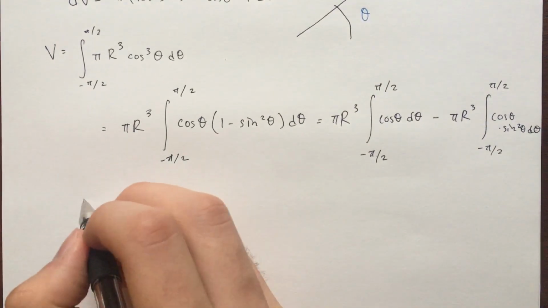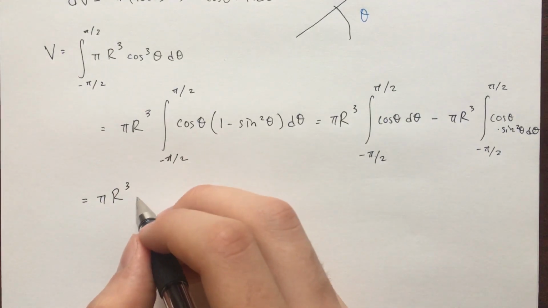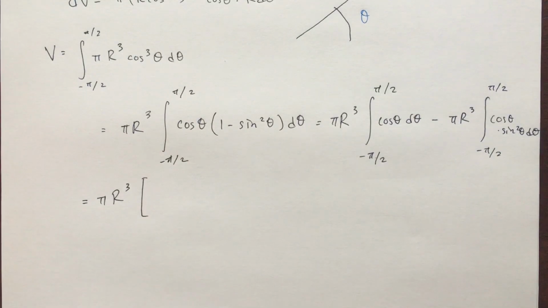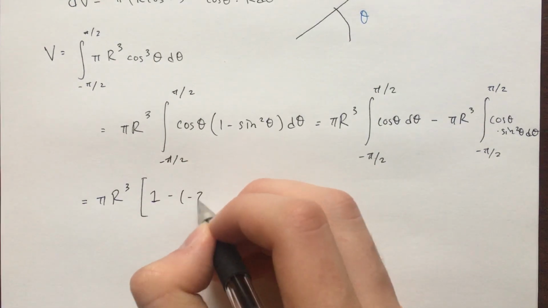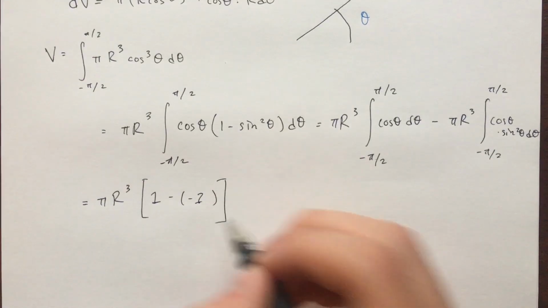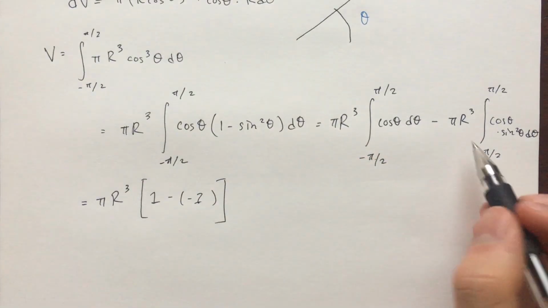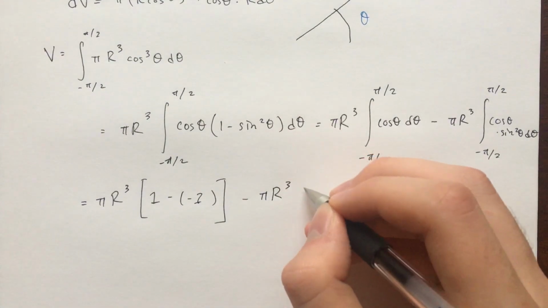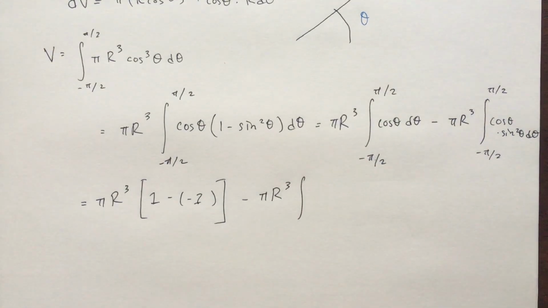Let's do this real quick. Here we have pi r cubed times sine theta from pi over 2 to negative pi over 2. That's going to be 1 minus negative 1. We did this already. And then we're going to have minus pi r cubed. And now let's do a quick u substitution.